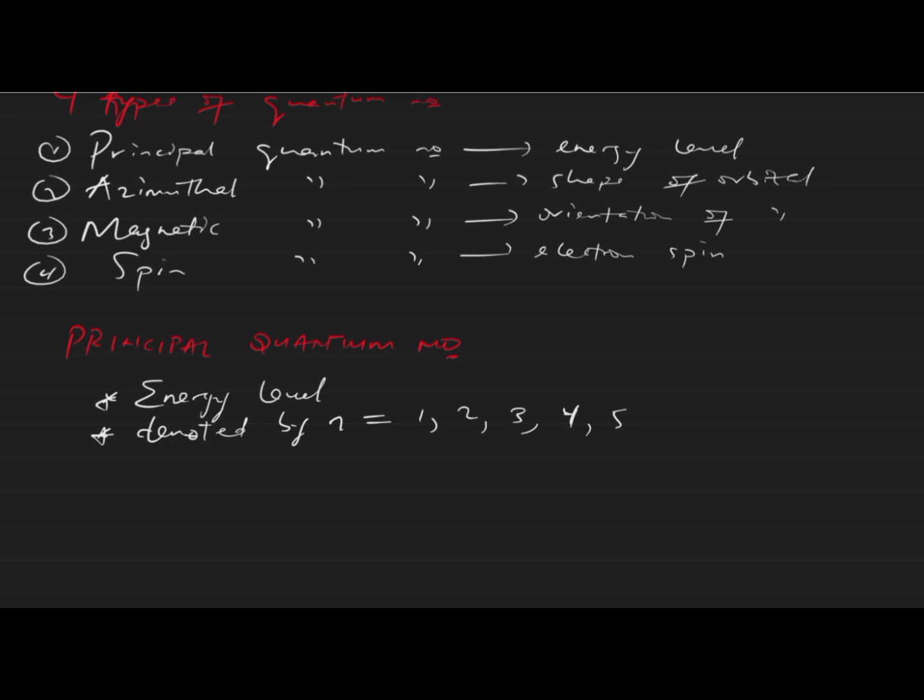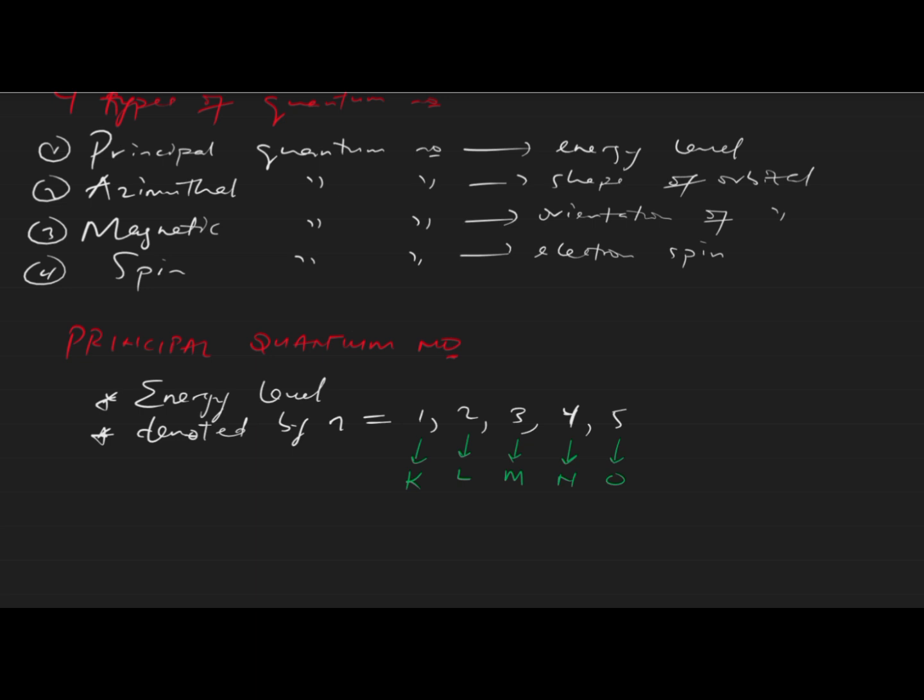So when n is equal to 1, we have the energy level K. When n is equal to 2, we have the energy level L. When n is equal to 3, we have the energy level M. When n is equal to 4, we have the energy level N. And when n is equal to 5, we have the energy level O. So that is K, L, M, N, O. Those are familiar alphabets in English. So these are used to denote or describe the various energy levels that we have within an atom.